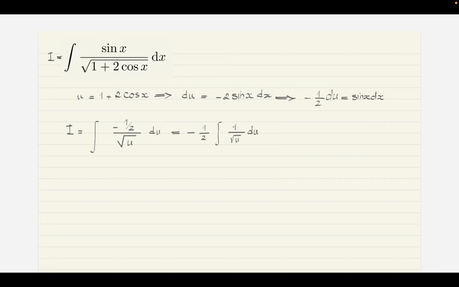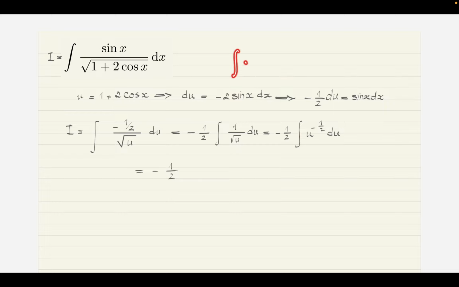So this is one of those integrals that I have in my memory. If you don't have it, you have to calculate it every time. So it becomes minus a half. Then I would write this as u to power 1/2 and bring it up. So it becomes u to power minus a half du. But then I would write minus a half, and this is now a famous formula.